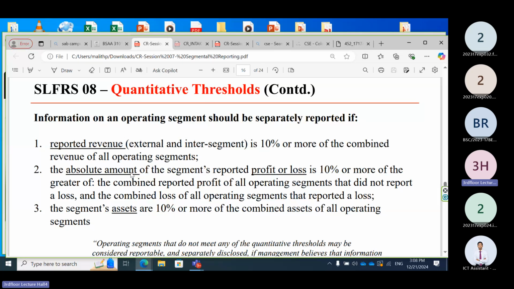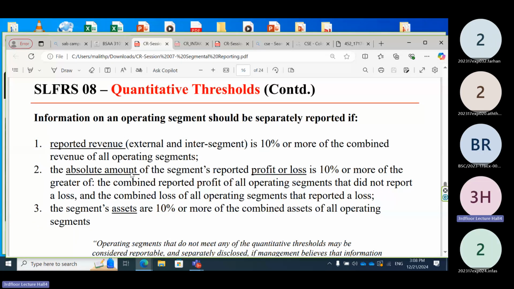Profitability means you may have a loss, right? You need to get the absolute number. You can't say that a loss is a negative value that you are going to deduct. Let's say your total profit is 4 million. From that, you are having a loss of 1 million in one segment. It's a reportable segment because it's a significant loss.